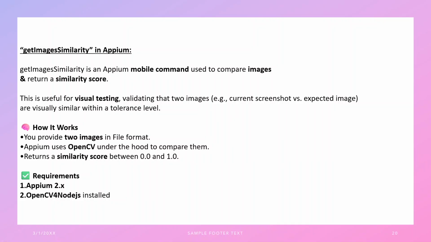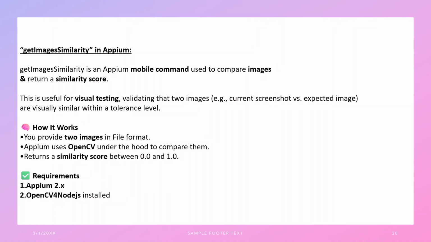The expected image we already have stored, and we take a current screenshot, that is the actual image, and we compare both images for visual similarity with a tolerance level. Means we are comparing both images, expected and actual, and getting the similarity score.